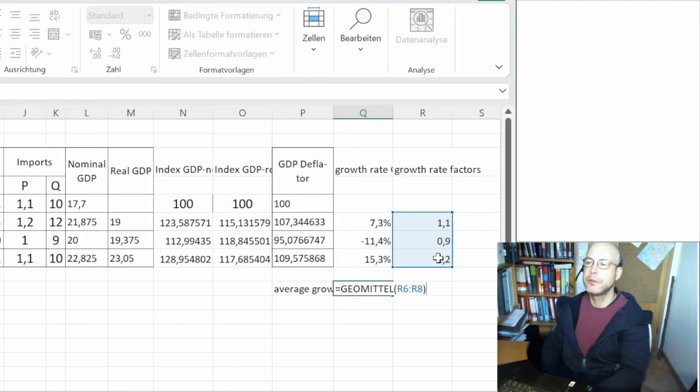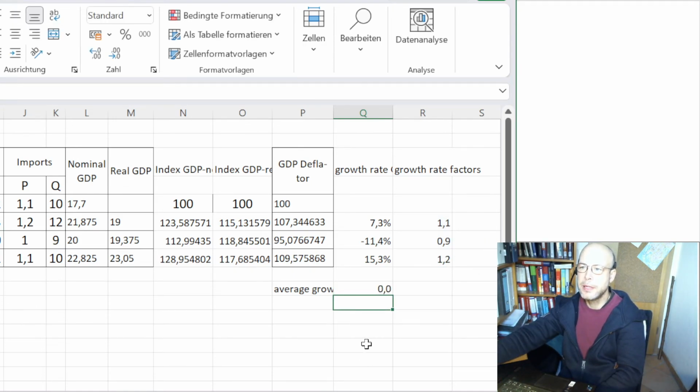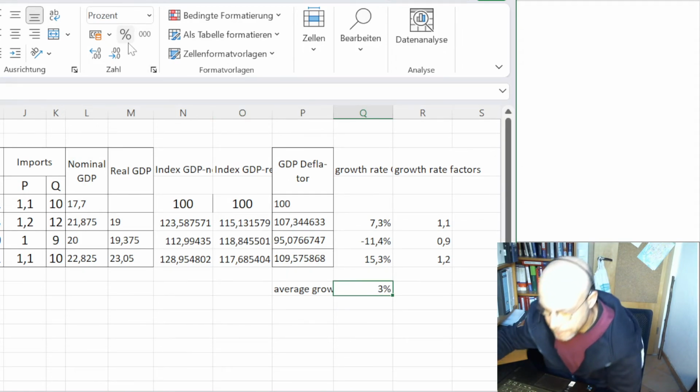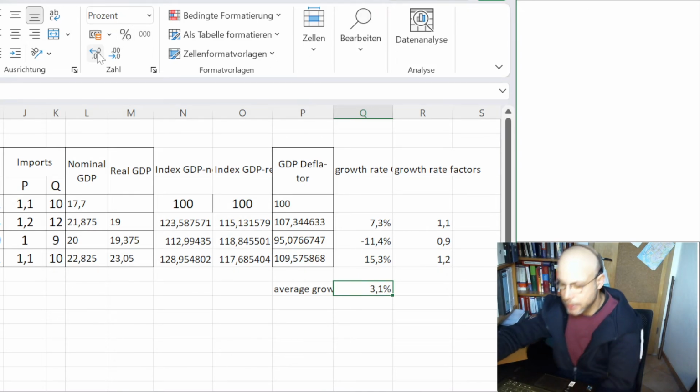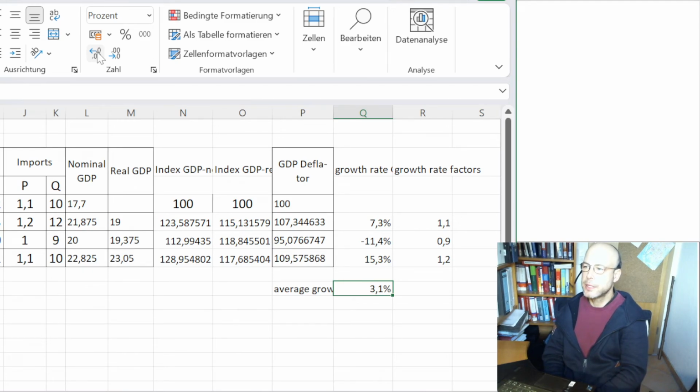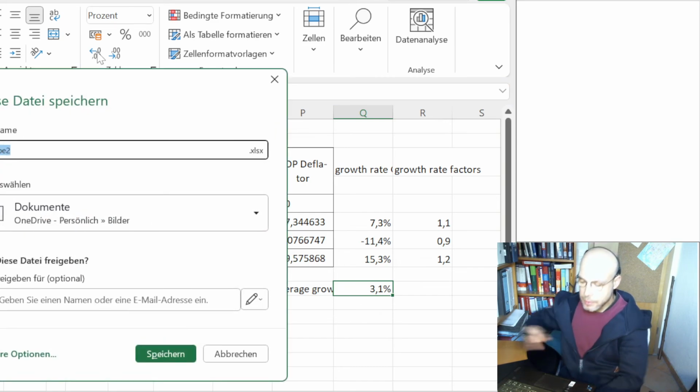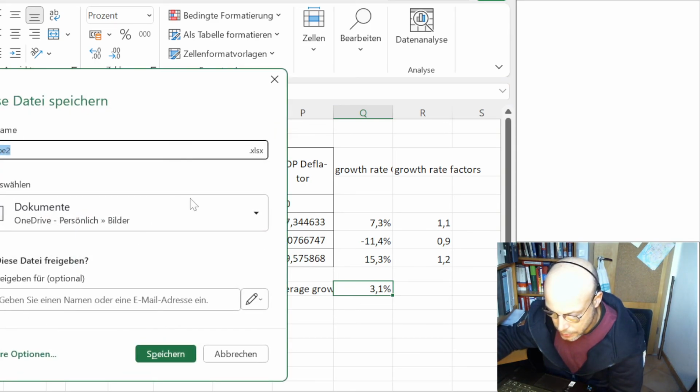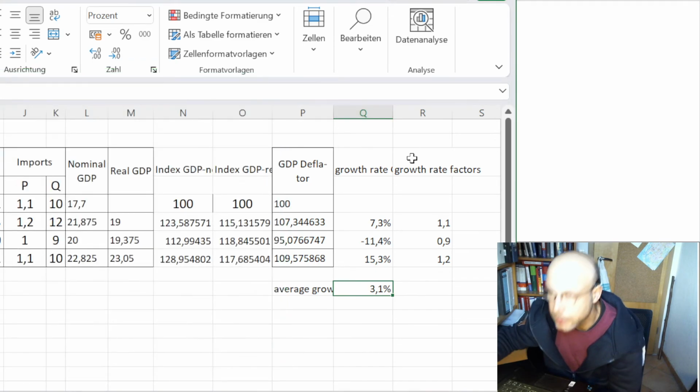Then we have the average growth factor, and in order to obtain the average growth rate, of course, we have here also to subtract 1, and this would be then the growth rate, and also in percentage, and let's also put 1 digit in the end. This we can do later on. Okay.